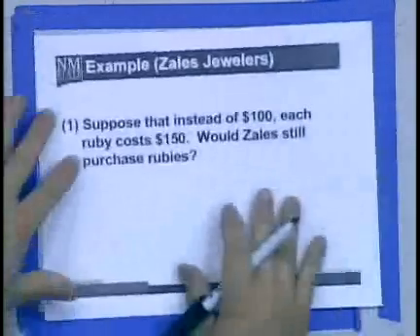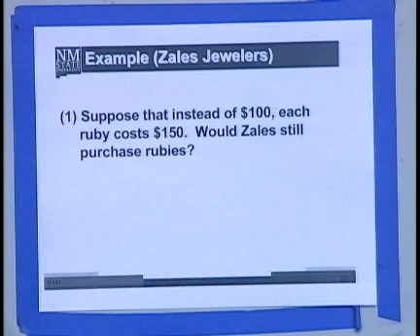Then let's answer the first question. Suppose instead of 100, each ruby costs $150. Then would J's still purchase rubies? Currently, J's purchase 15 rubies, right?